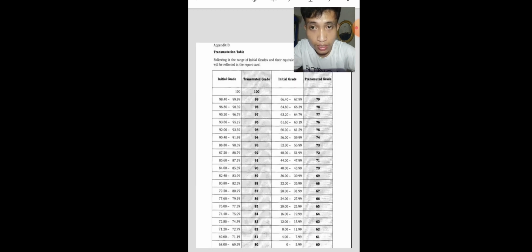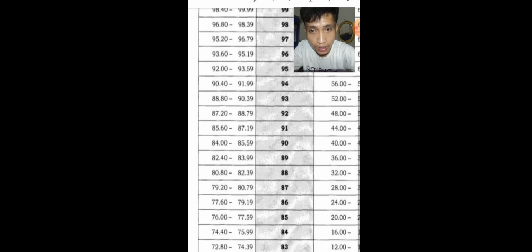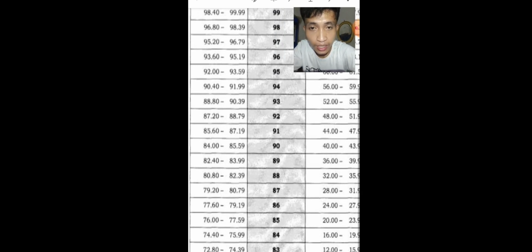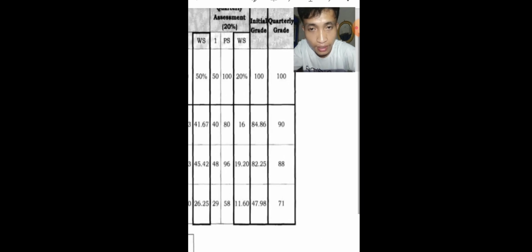Pangitaon na to siya diri sa transmutation table og asa ang iyang transmuted grade. So here it is, 84.85. So iyang transmuted grade kay 90, which is right there, 90.